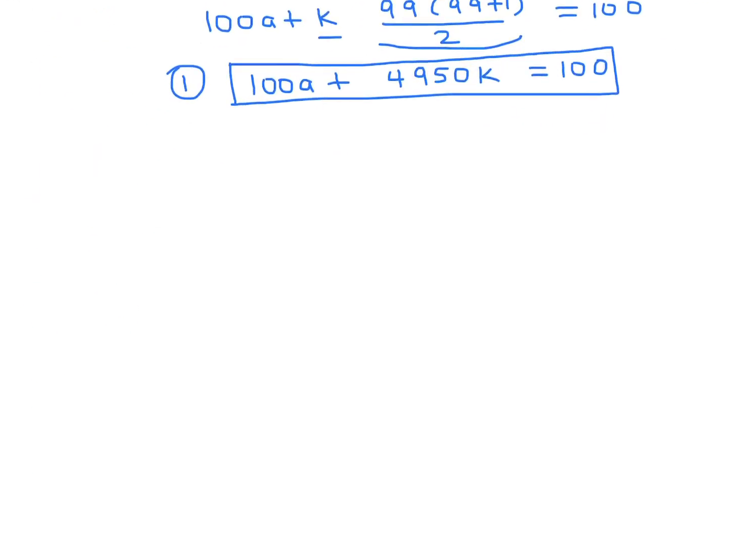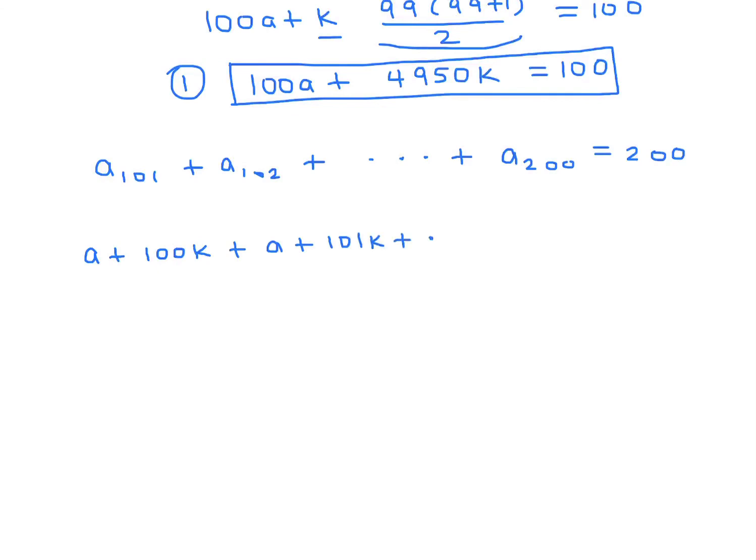So a_101 is a plus 100k, a_102 is a plus 101k, and then you keep going all the way till a_200, which is a plus 199k, is equal to 200.